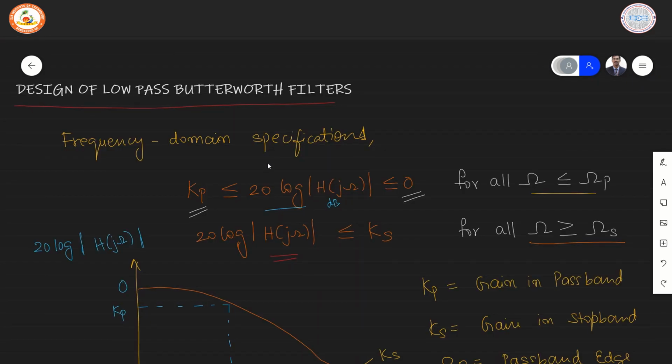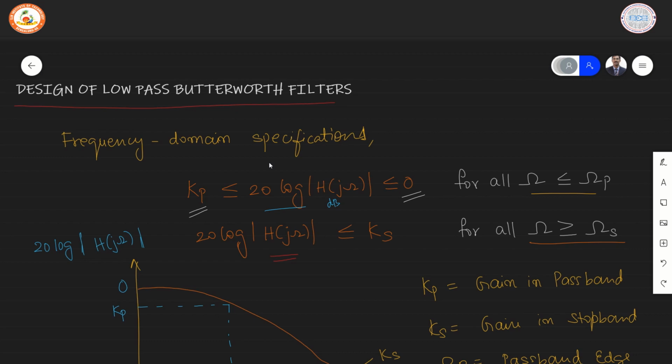Let us now discuss the design of a low-pass Butterworth filter. The meaning of design here is to determine the transfer function for a normalized Butterworth filter. In order to obtain the transfer function, we have to find two important parameters.